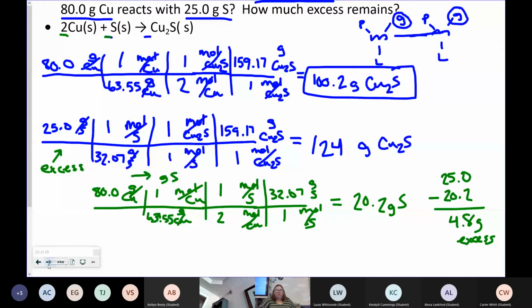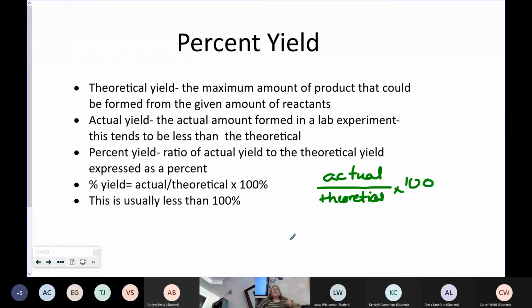So percent yield is something that we use a lot, especially in a lab setting. So we're dealing with actual yield and theoretical yield. Theoretical yield is going to be our maximum amount of product that could be formed from the given amount of reactant.